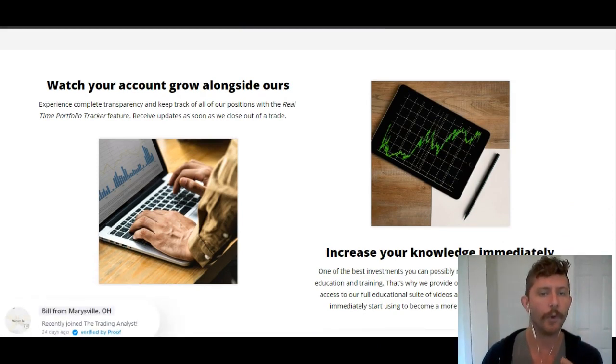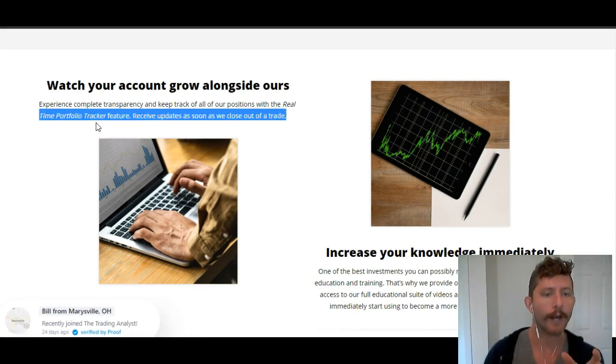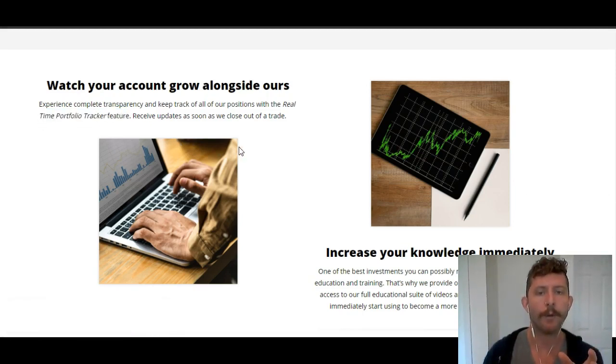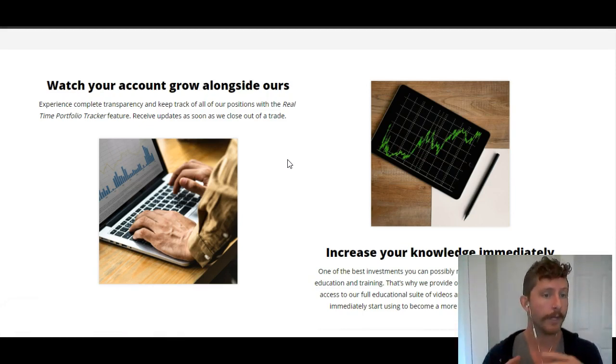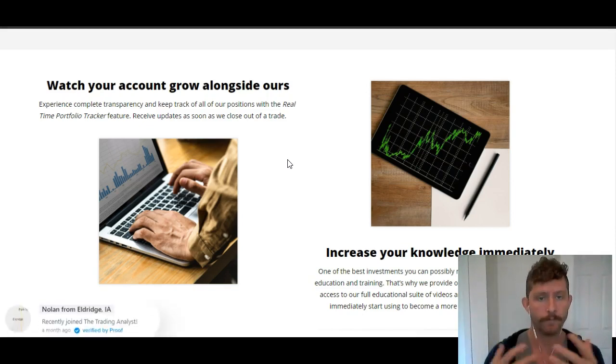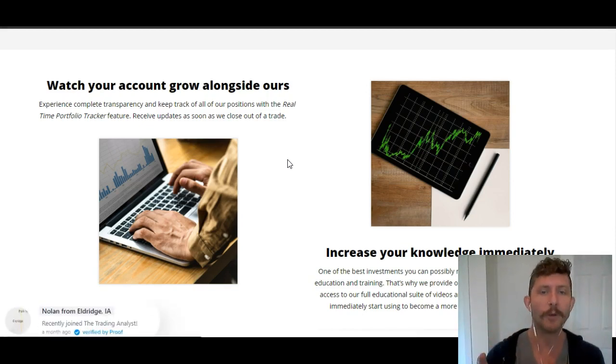When you sign up and join, you're going to get the real-time portfolio tracker feature. Every single trade that we've placed and alerted to members goes in the real-time portfolio tracker. So you're going to see, are we profitable? Are we losing money? Here's a hint: we are profitable and we are making money for ourselves and our clients.